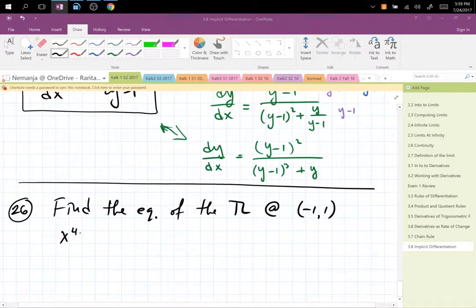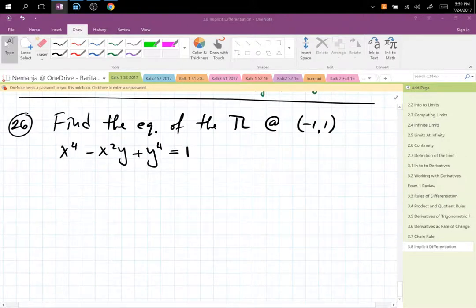X to the 4 minus x squared y plus y to the 4 equals 1. All right, so by the time you are doing this tangent line, I'm going to work on this thing, see what exploded. Actually, I have to do something else first.